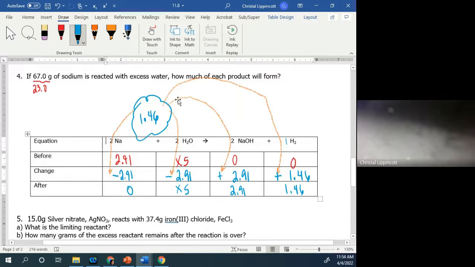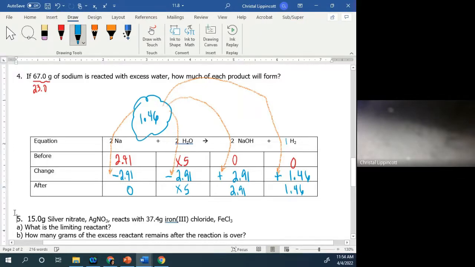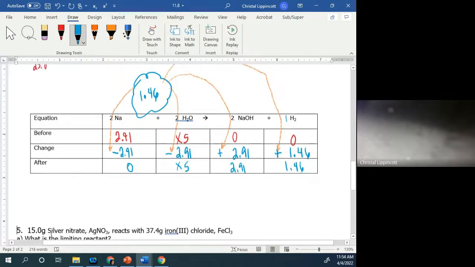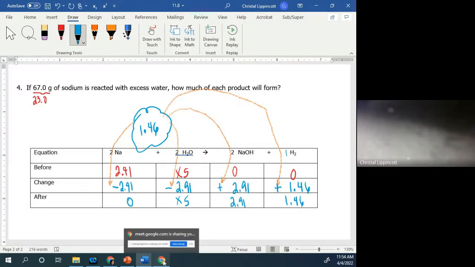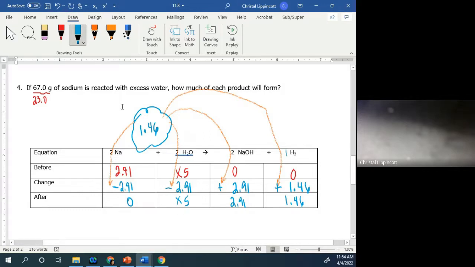So my next step is that I want to multiply by the molar masses of each of these products so that I can figure out how many grams we formed. So I'm going to take a sodium, which is 23. I'm going to take an oxygen, which is 16, and a hydrogen, which is 1.